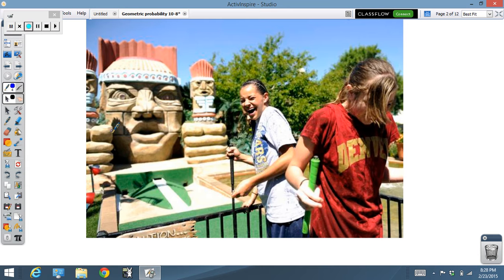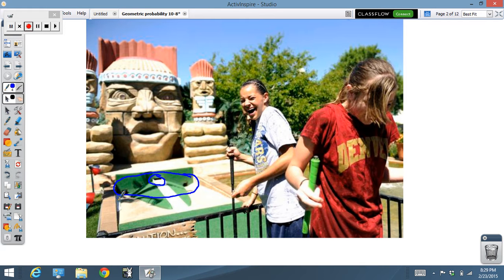I don't know who these people are, but they sure look like they're having fun playing miniature golf. All right, so we're going to make a couple assumptions about this hole. The first thing we want to do is hit the ball in that center hole.